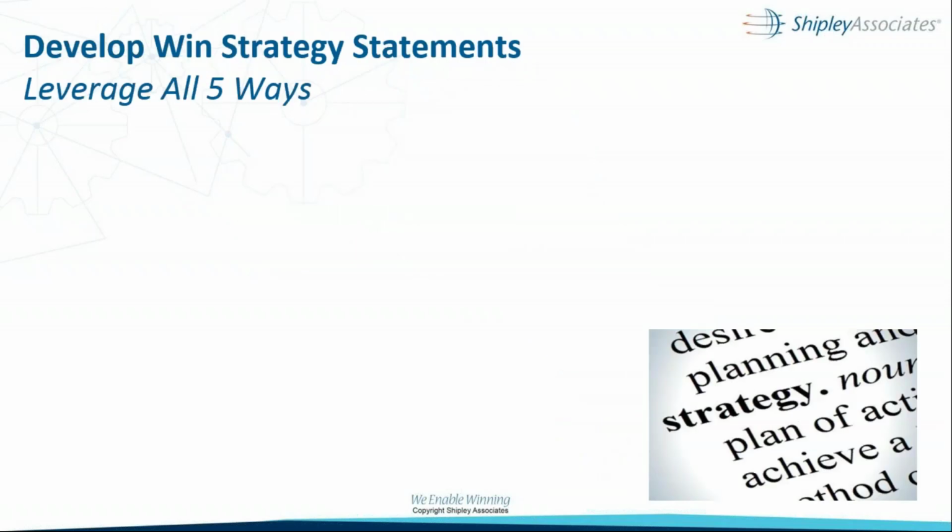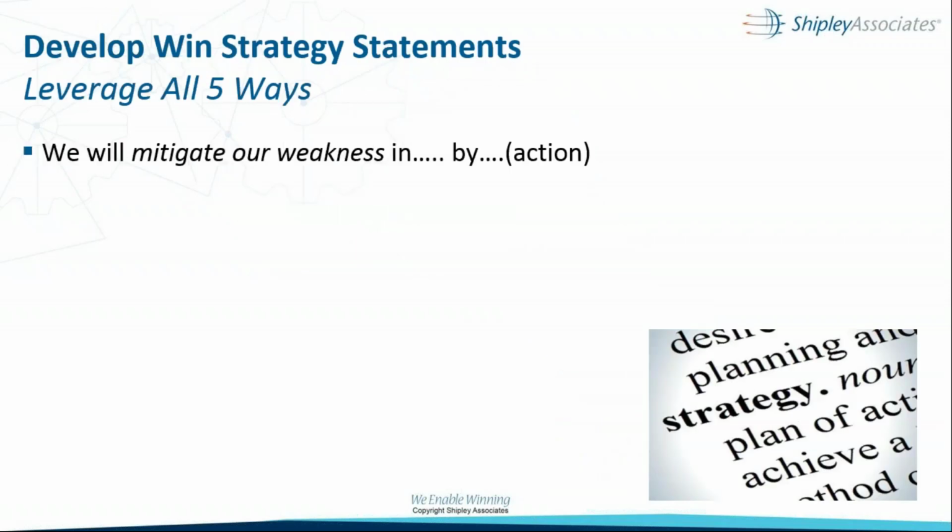So that's the bidder comparison chart that we've provided you. The next tool that you have in your downloadable attachments is just a very simple template on forcing us to think through these 5 ways to approach a win strategy.